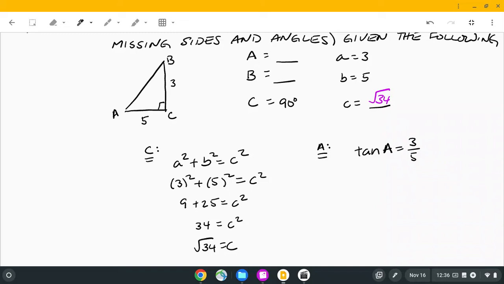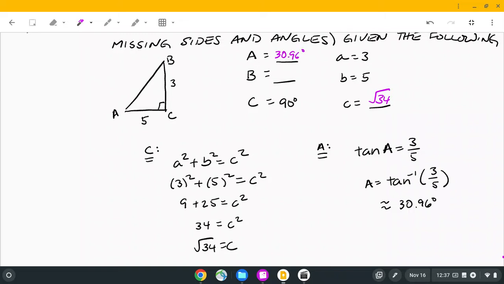So A is tangent inverse of 3 over 5. If you punch that into your calculator, make sure you're in degree mode, and we get 30.96. Let me fill that in.